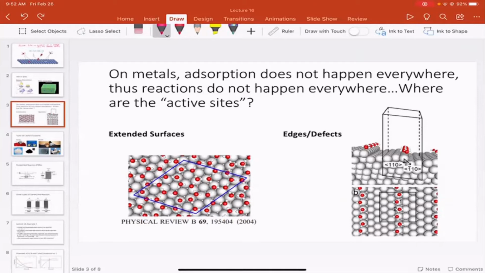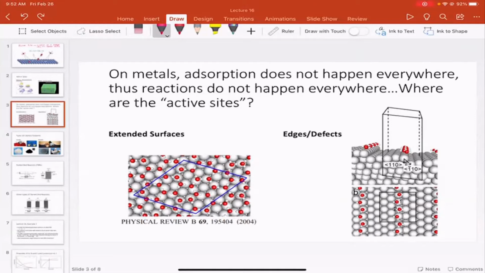And that's sort of pictured a little bit here on the left-hand side from this paper, where you can see water molecules that are adsorbed specifically at certain places, but it's homogeneous and the surface is relatively flat. There are other reactions where nothing happens on the extended surfaces.